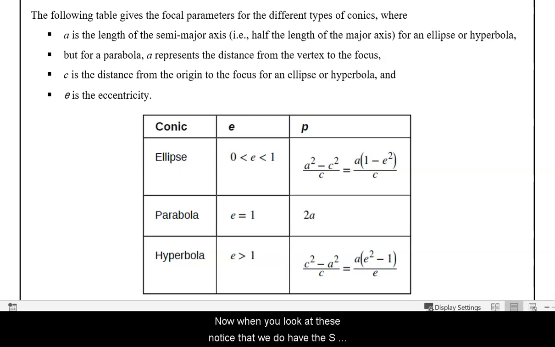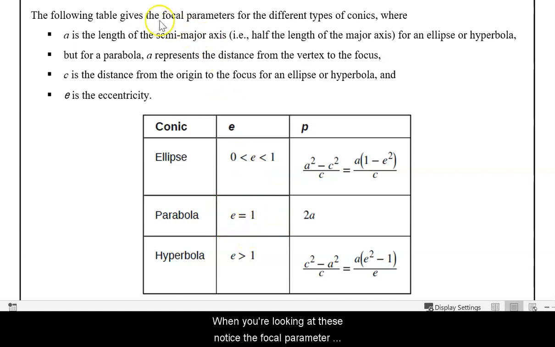Now, when you look at these, notice that we do have the eccentricities listed. For an ellipse, it is less than 1. For a hyperbola, it is greater than 1. For the parabola, it is 1. And of course, for the circle, it would be 0.